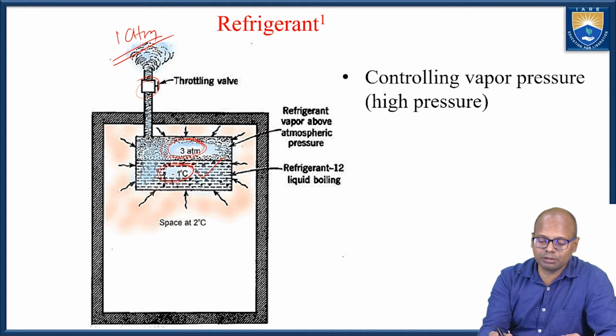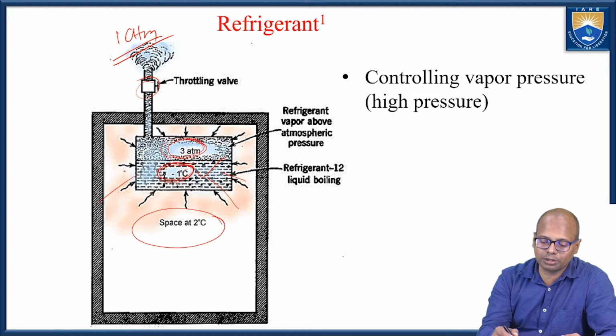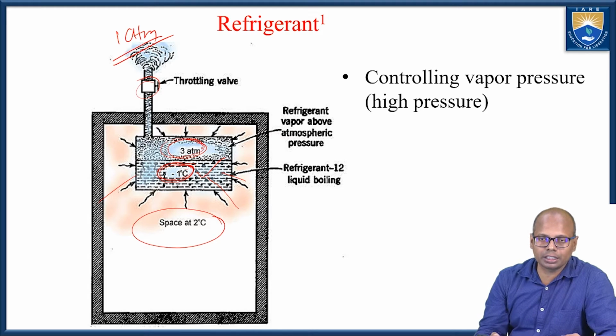The temperature of the fluid is minus 1 degree centigrade and the refrigerated space is maintained at 2 degrees centigrade. Because there is a temperature difference, heat flows from the higher temperature to the lower temperature, and because of that the liquid evaporates as it takes the heat required for boiling the refrigerant.